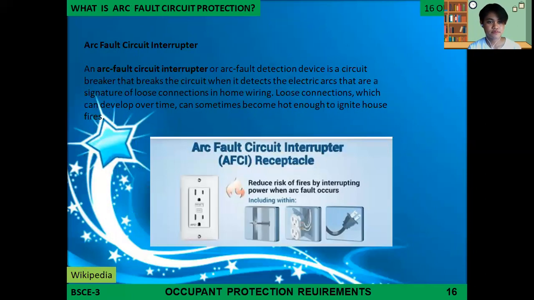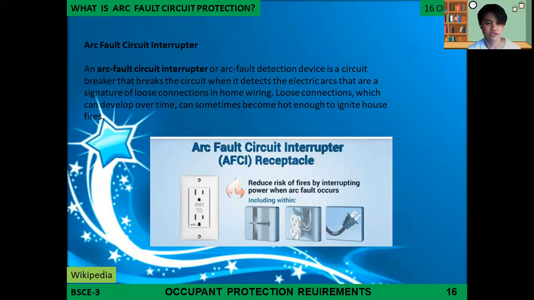Excuse me. What is arc fault circuit protection? An arc fault circuit interrupter or arc fault detection device is a circuit breaker that breaks the circuit when it detects the electric arcs that are a signature of loose connections in home wiring.